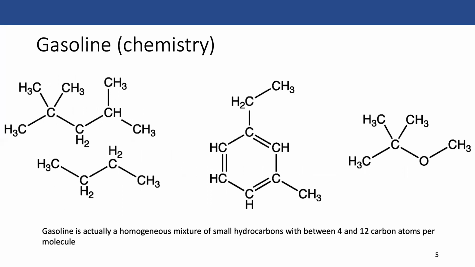It's a homogeneous mixture of small hydrocarbons. You're getting anywhere between 4 to 12 carbon atoms per molecule, and this slide is showing a couple of molecular examples of typical compounds that you would see in a solution of gasoline.